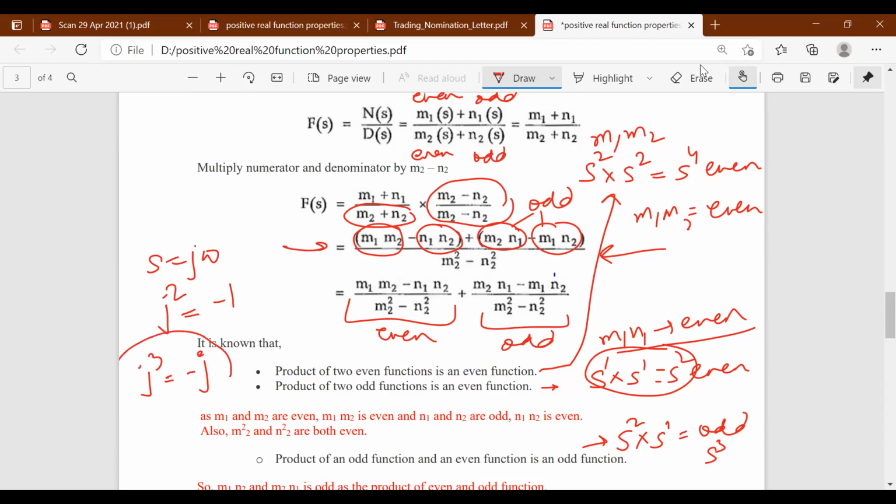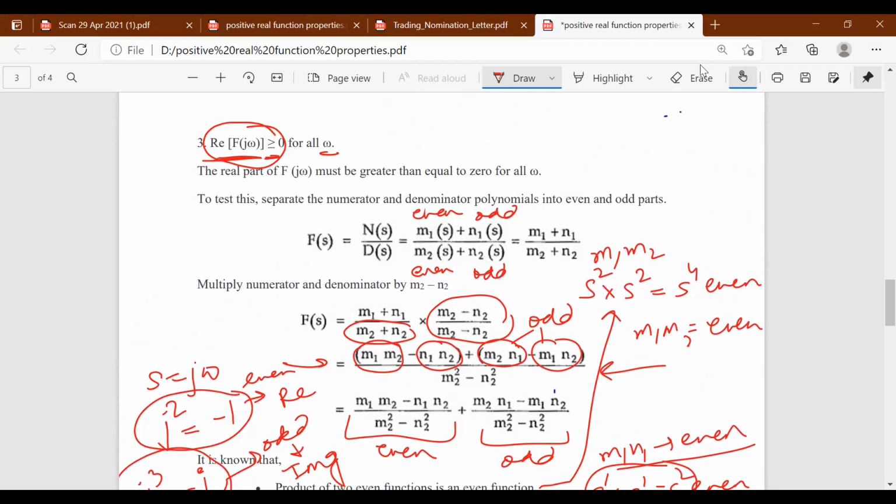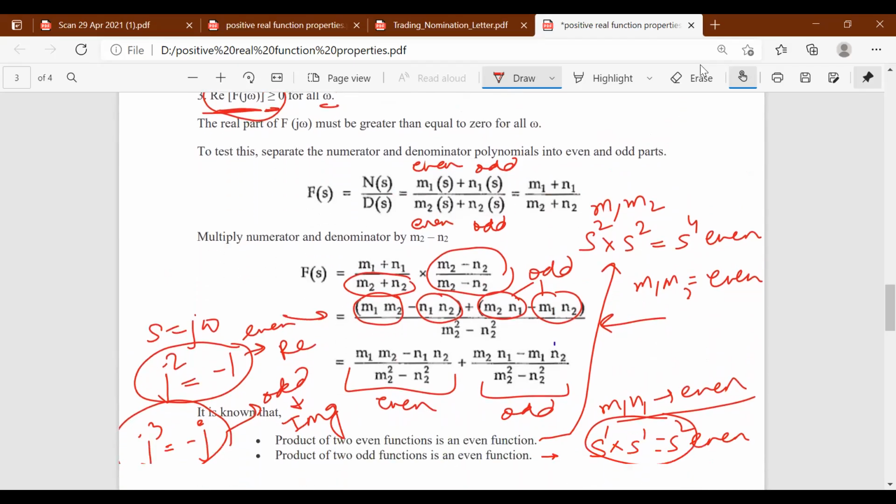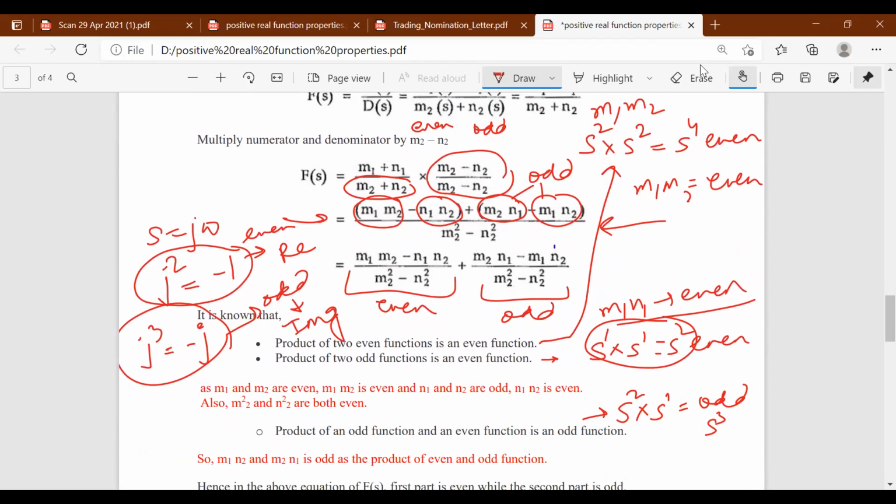So wherever there is an odd function, that is going to generate an imaginary part, while wherever there is an even function, that is going to generate a real part. So our main aim is to get the real part of F(j omega). To get that, we have separated the even and the odd terms, because the even part is going to give me the real part of my F(j omega).